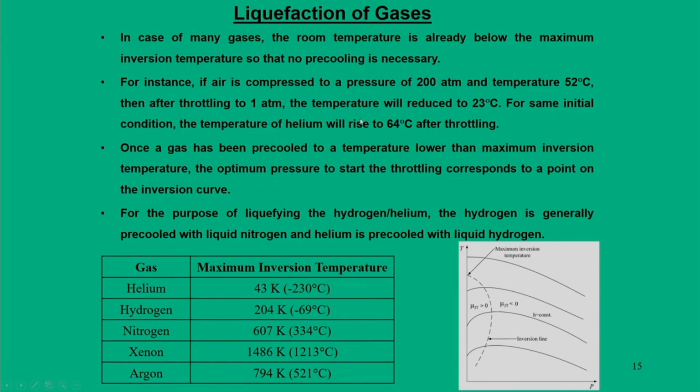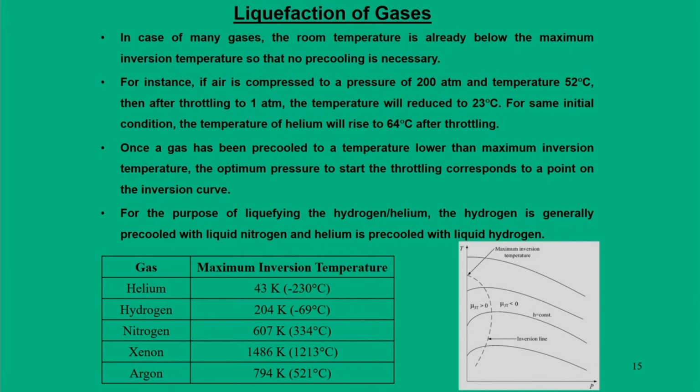But when you do the same thing for the same initial conditions for helium, the temperature will rise, that means initially it was 52 and the temperature will rise. We cannot achieve this cooling effect for helium, but the same thing we can get for air.